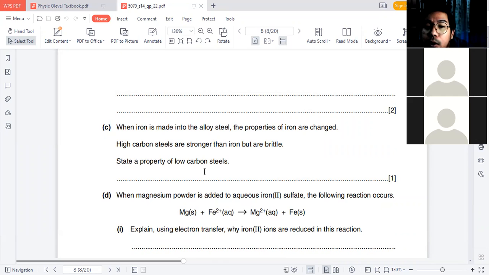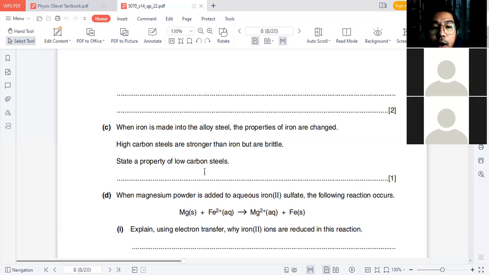For an alloy, it's a mixture. When you mix them together, the atoms are not the same size, so they do not occupy the same planes, and they are unable to slide past each other. That's one of the reasons why it's really hard to shape it, to pull it and all that.